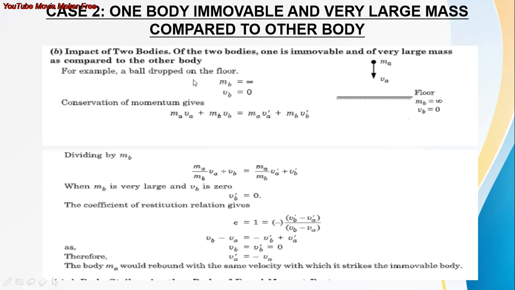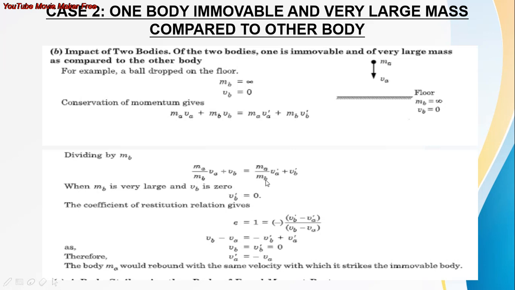So we again use conservation of momentum here, that is MAVA plus MBVB equal to MAVA dash plus MBVB dash. Now, as we know that MB equal to infinity, we divide by MB on both sides. We get MA upon MB into VA plus VB equal to MA upon MB VA dash plus VB dash.